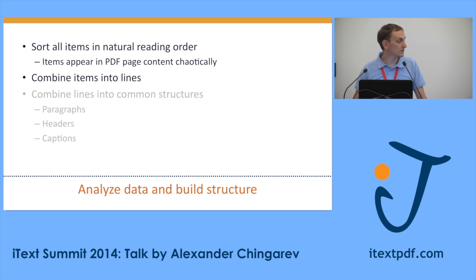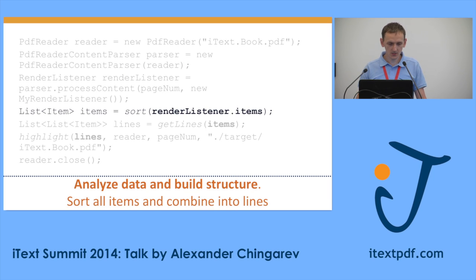Then when the items are sorted, we want to combine them into lines. My original piece of code has been a little bit adjusted, and you can see that I have added the sort call just after the parser process content method.